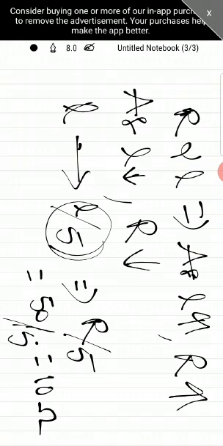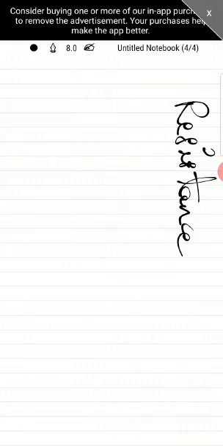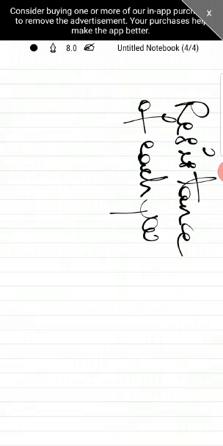So now it is clear that the resistance of each part is 10 ohms.